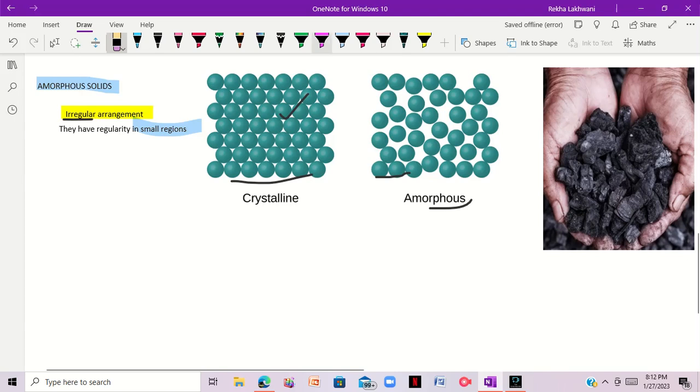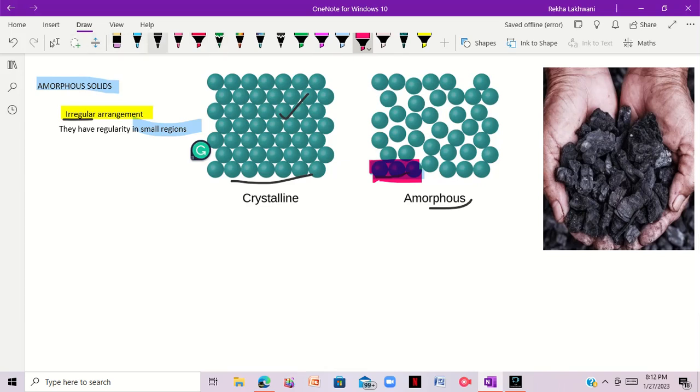This regularity in a small region, let me highlight it, is known as a crystallite.